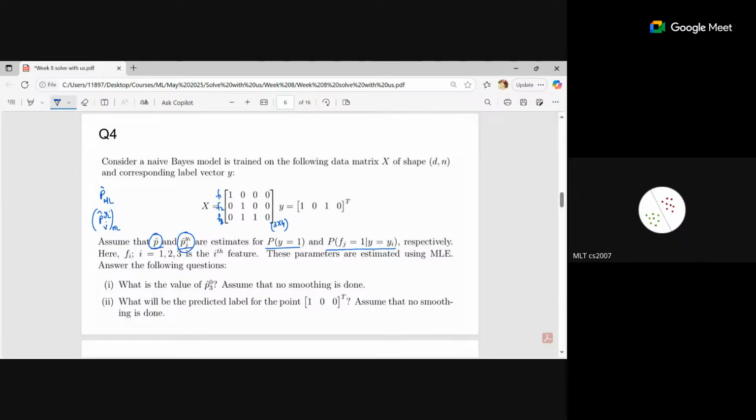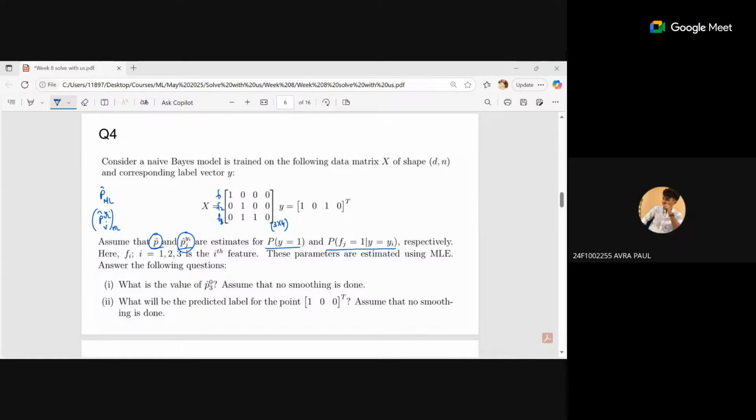Now, there are two questions asked here. One is, what is the value of P3 not hat? Again, you assume that no Laplacian smoothing is done. And the second question asks, if you have a point 100, then what is going to be the predicted label for this point?